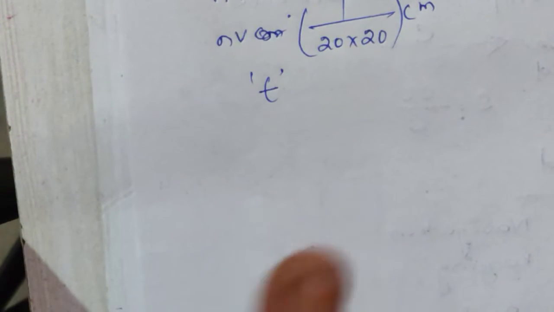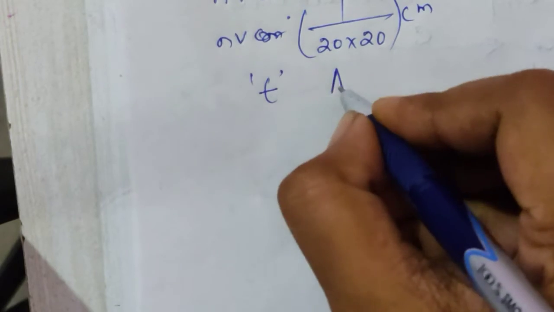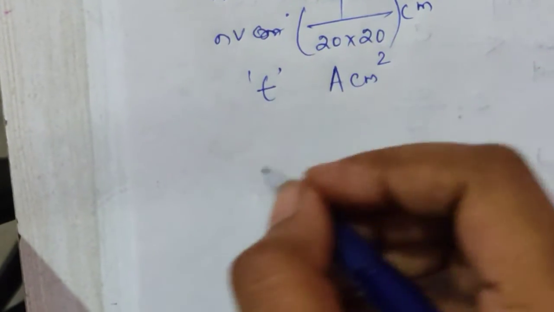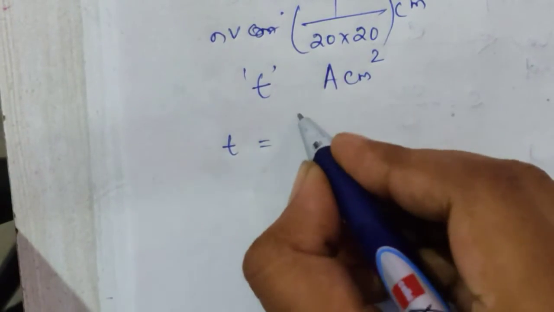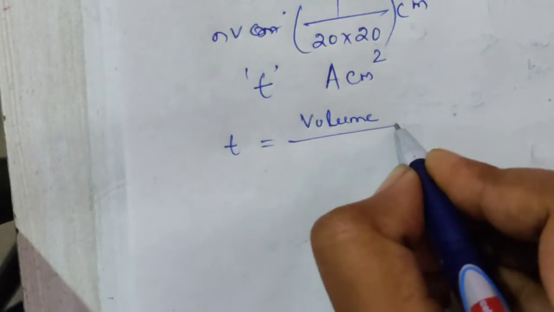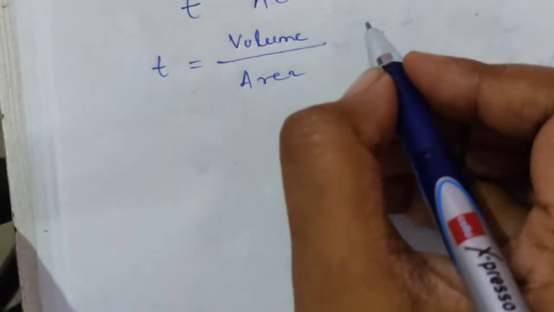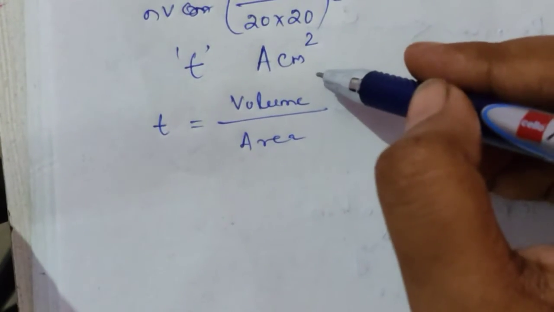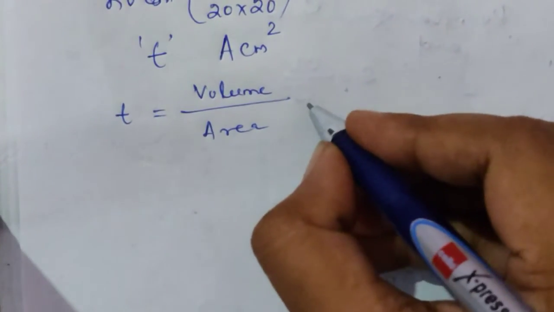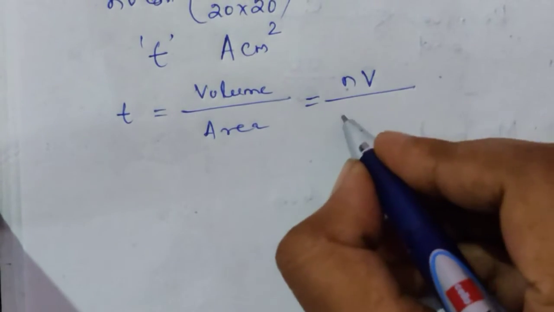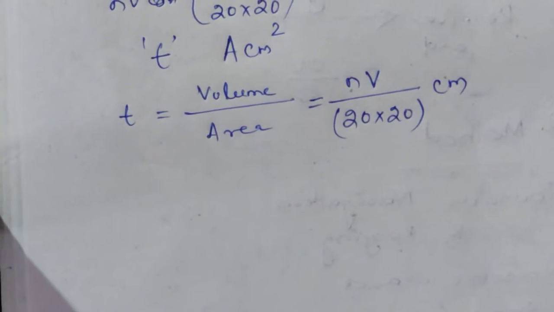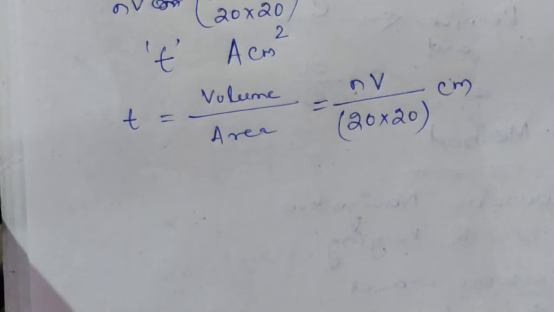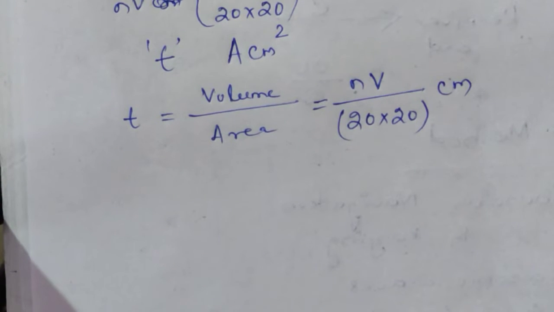If this spreads to form a film of area A cm², then the thickness of the film, which is the molecular size of the substance, will be the volume of the film divided by its area. The volume we already have, and the area we have taken as A, so the thickness will be equal to nV times 1/20 × 1/20 divided by A centimeter. Clear? In this way we can measure the molecular size of any substance.